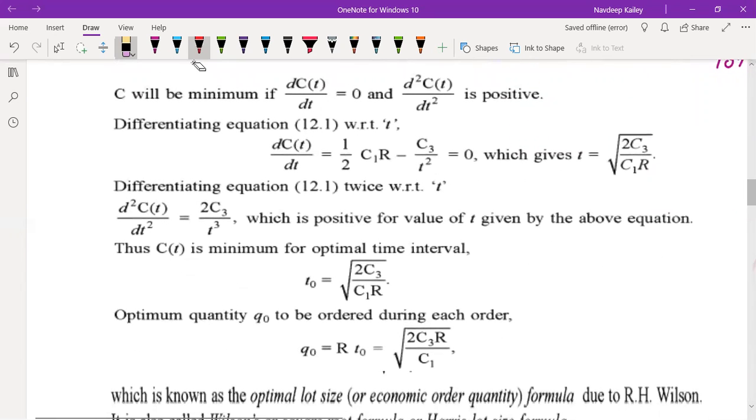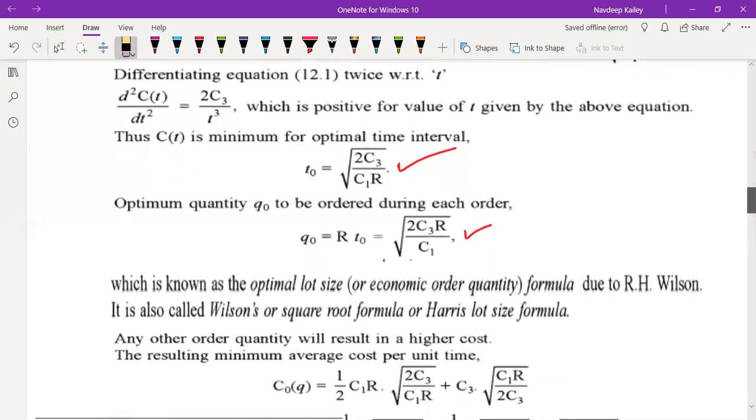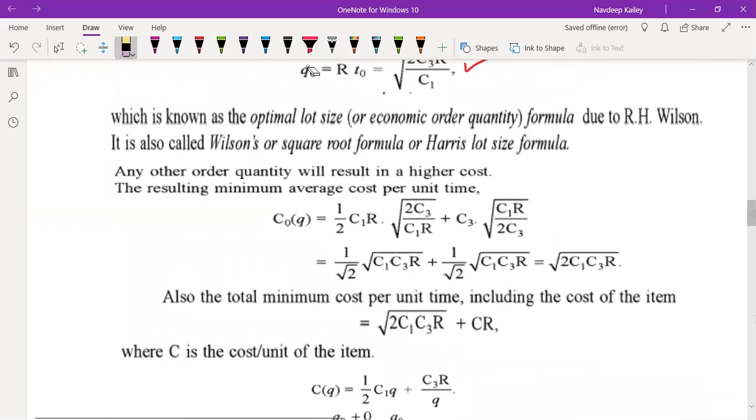After calculation, we get the optimal time interval given by this formula, and the optimum quantity Q naught, which is given by this. This is also known as the optimal lot size because this formula was invented by R.H. Wilson. Therefore, it is also called Wilson's or square root formula. Further, any other quantity other than this will result in a higher cost.